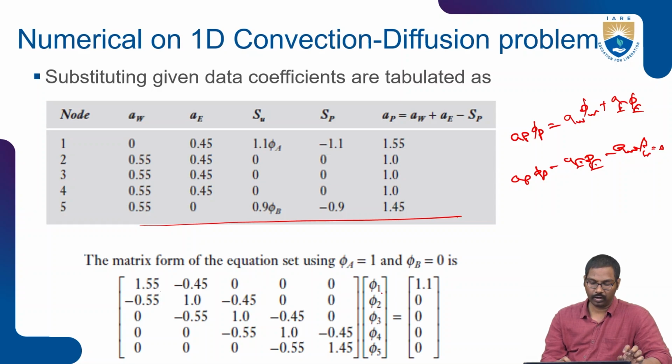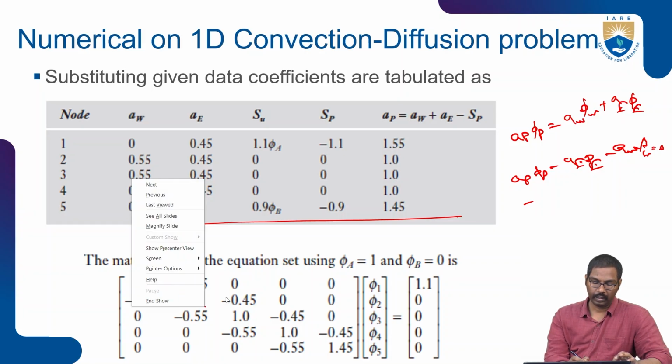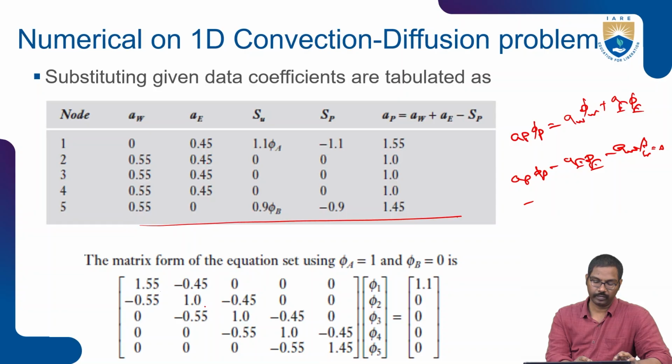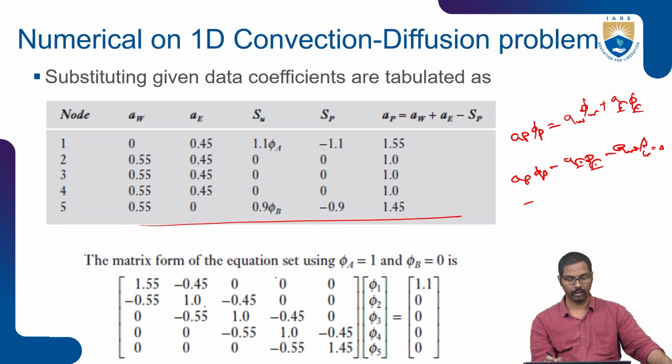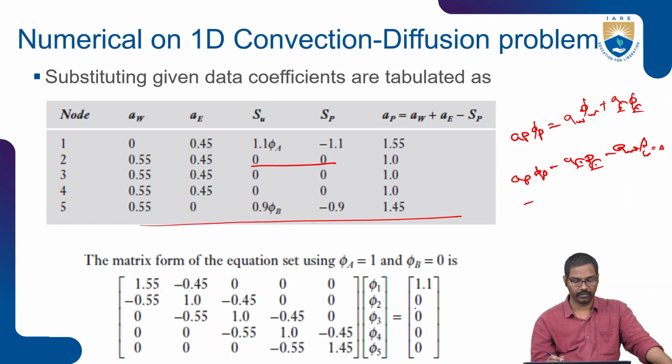Here the constant is 1.1, so it goes to the right. For the second node, AW is 0.55, so when it comes to the left side it becomes minus 0.55. AP is 1 and AE is 0.45, but in the equation it is negative, so minus 0.45. The other phi values are considered as zeros.